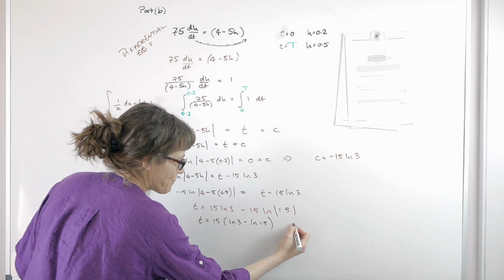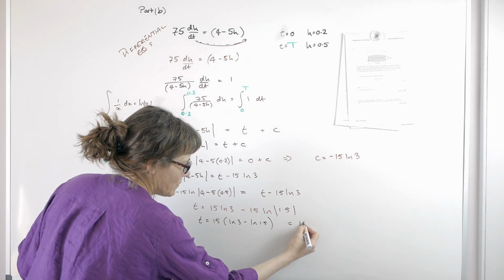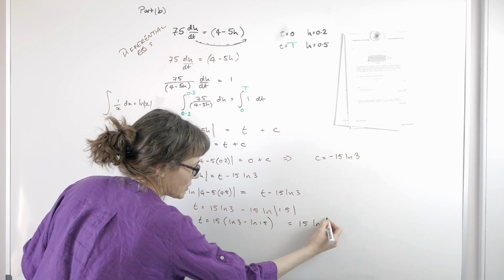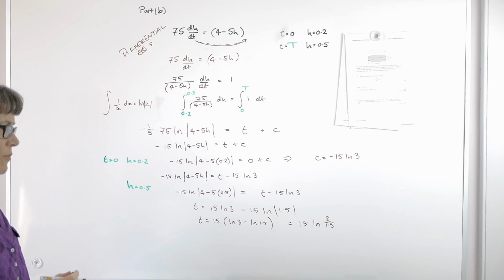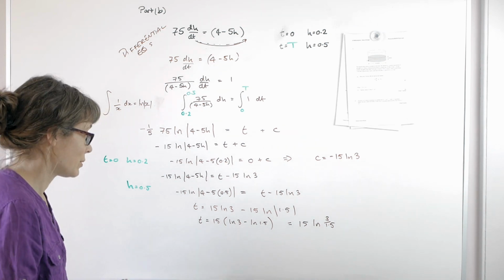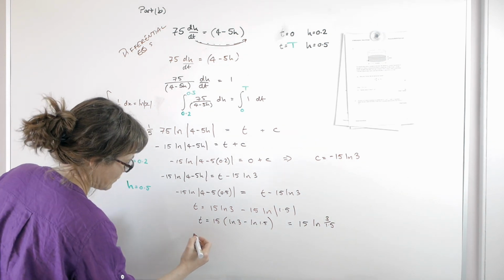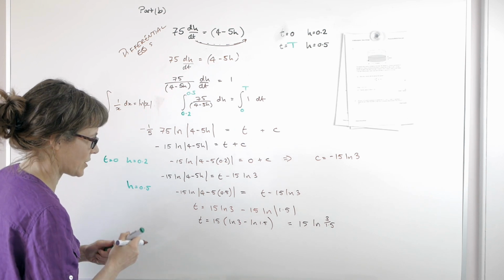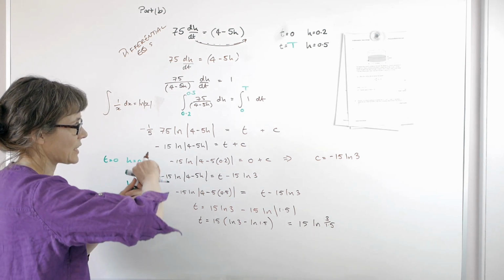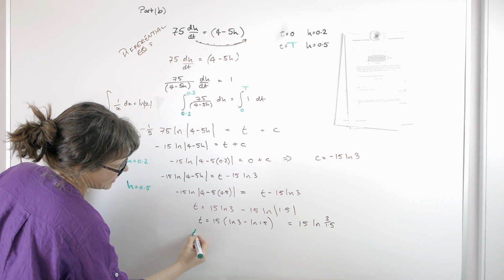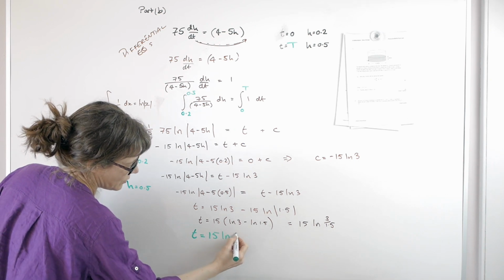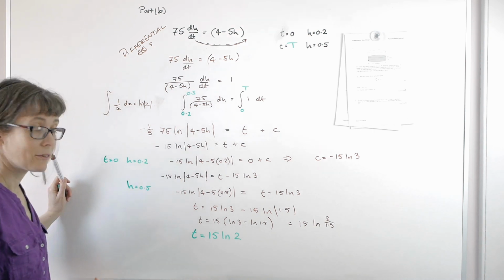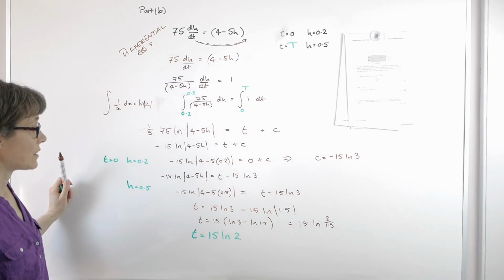So this is 15 ln of 3 over 1.5, and 3 divided by 1.5 is just 2, so we get a final answer. Let's write it so it stands out a little bit, of t equals 15 ln 2. So that's our final answer, is that t is 15 ln 2.